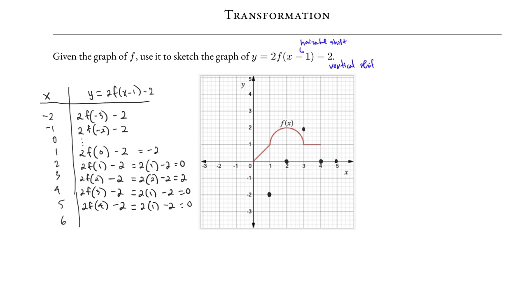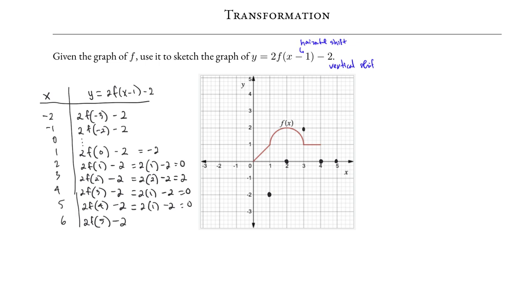What happens when we plug in x equals 6? 6 minus 1 is 5, and we simply do not have this information because 5 is not in the domain of the function f originally. The domain of f, the red graph here, is from 0 to 4 only.